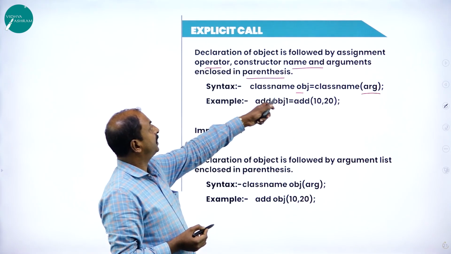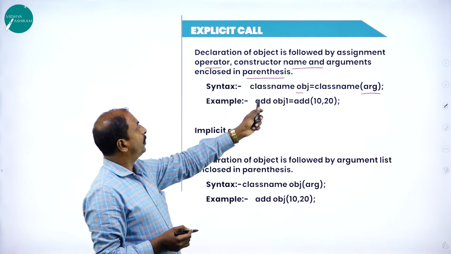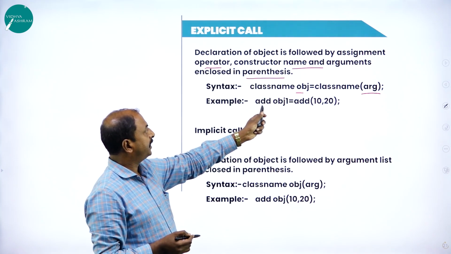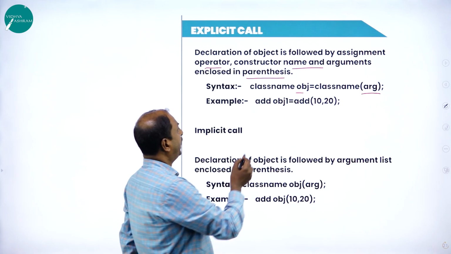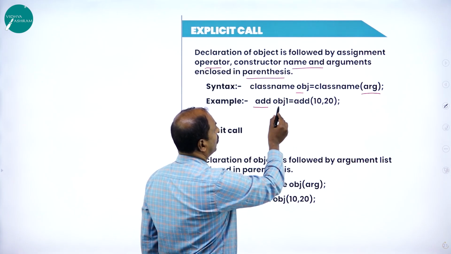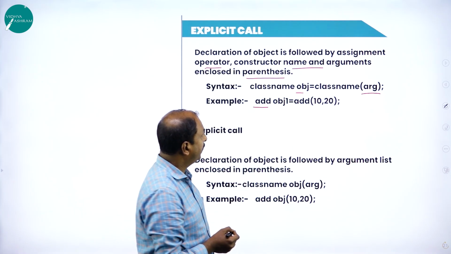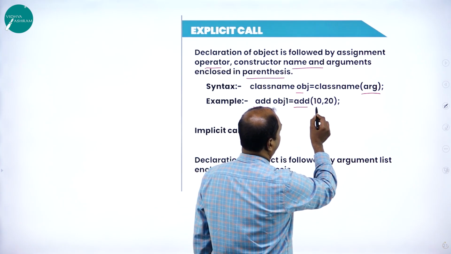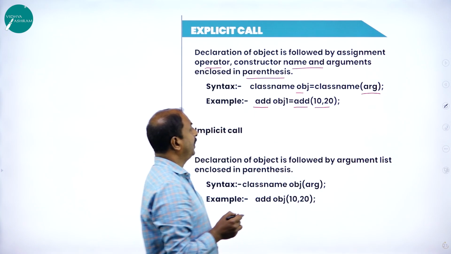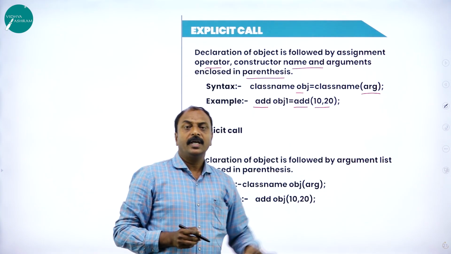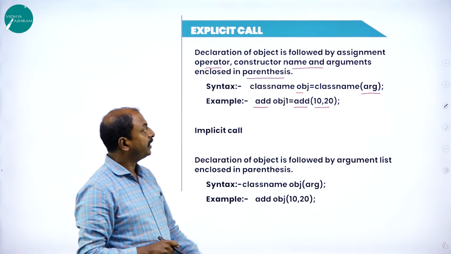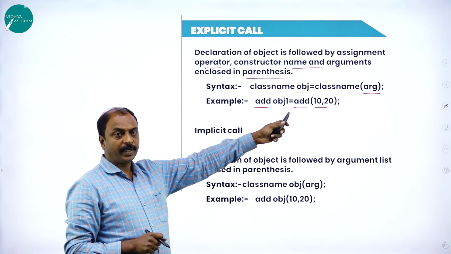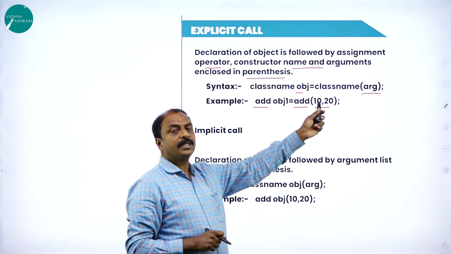And look at the example. Add obj1 equals Add, where Add is name of a class, obj1 is an object, and Add with the parameters or values 10 and 20. So, this is nothing but we are invoking the constructor explicitly, or it is an explicit call.